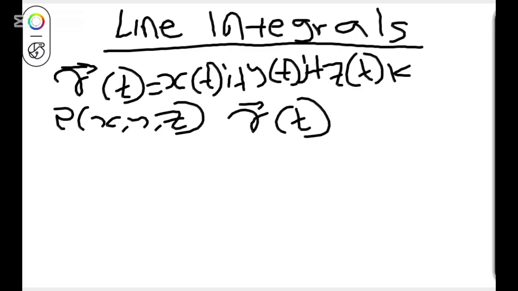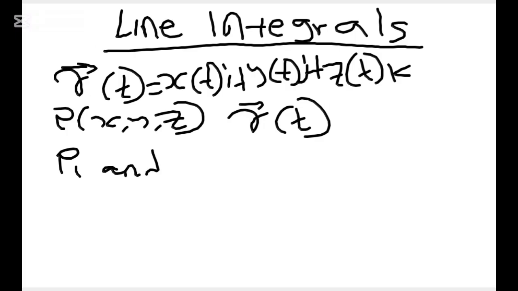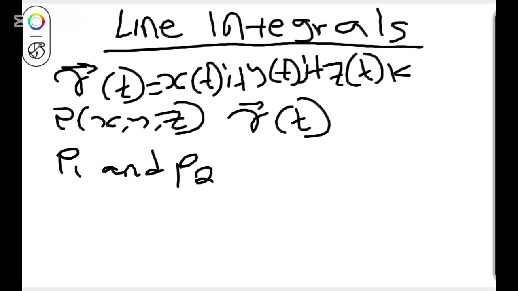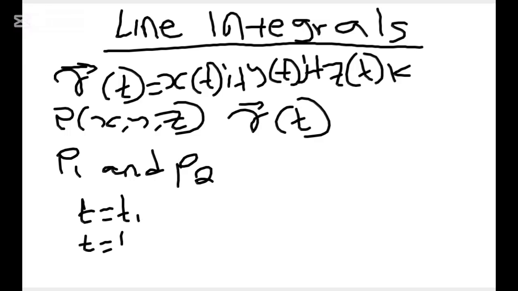A curve C that is joining P1 and P2, whereby t is the same thing as T1, and also t is the same thing as T2.